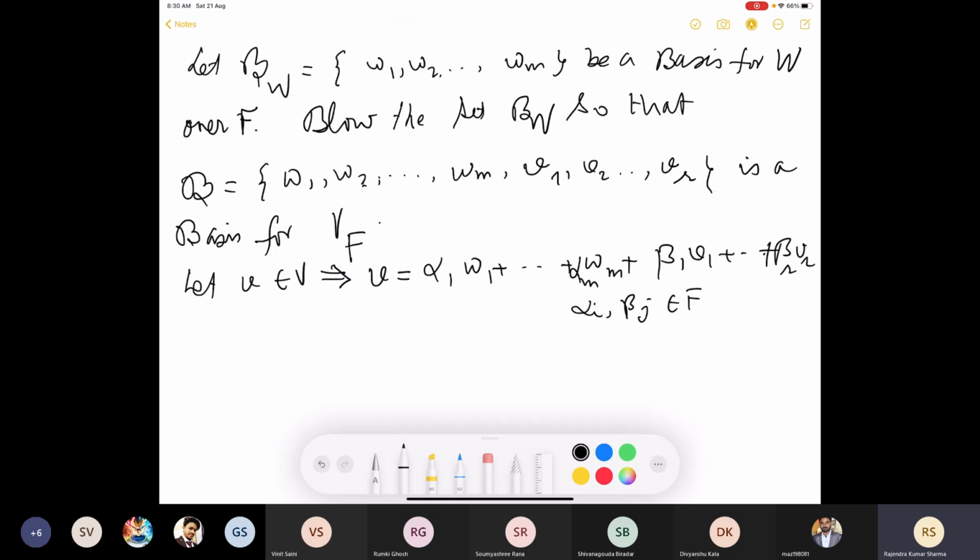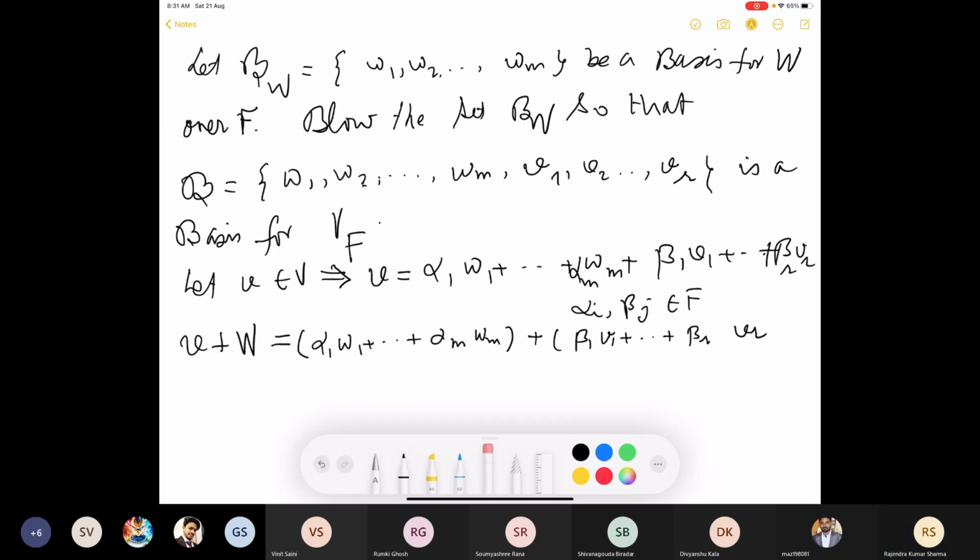So what we get now: V plus W, the coset of this, is the coset of alpha 1 W1 plus ... plus alpha m Wm plus beta 1 V1 plus ... plus beta r Vr, plus W. So this is the same as the sum of the two cosets. This is one element, say U1, and this is U2.